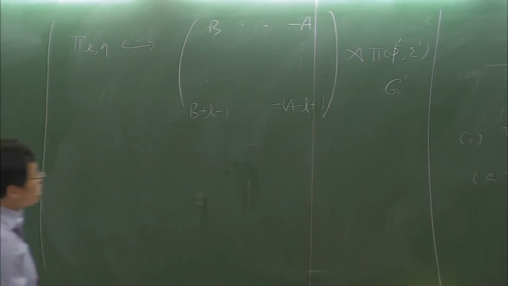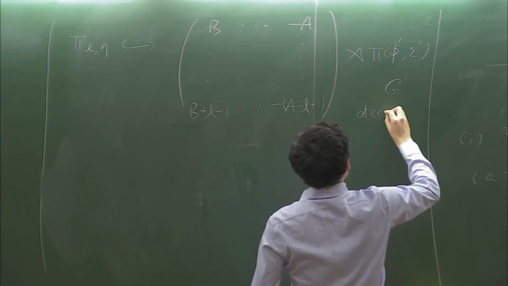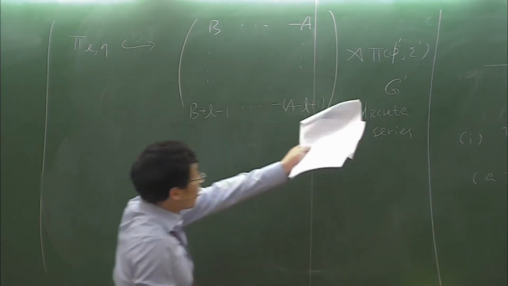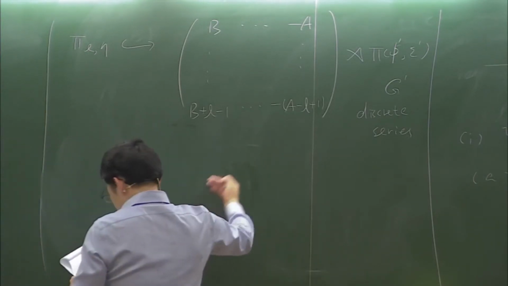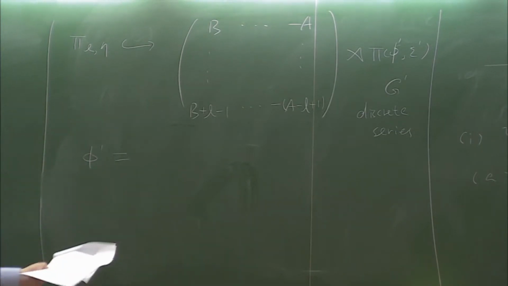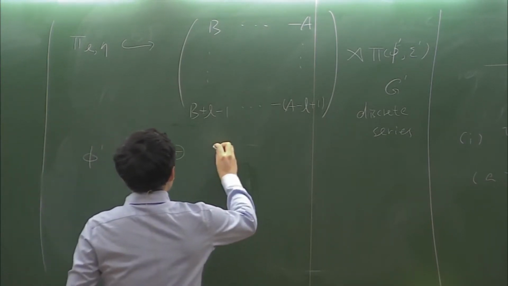So this representation here is in fact a discrete series. Okay, and we are writing down its Langlands parameters, phi prime and epsilon prime. So what are the Langlands parameters? For this phi prime, again, just like A parameters, we write that as a representation and we decompose into irreducible components. So it's in this form.